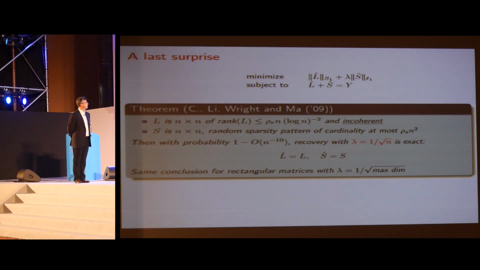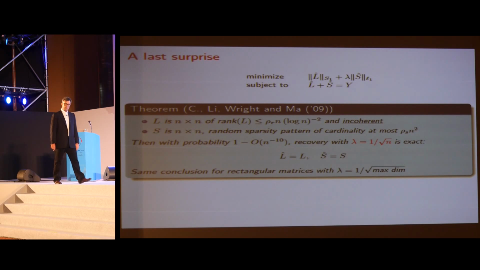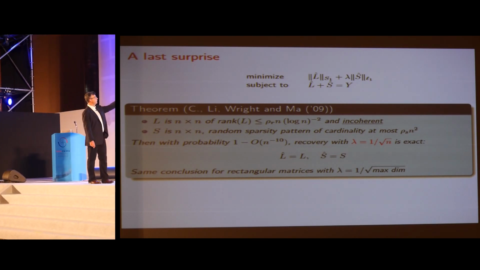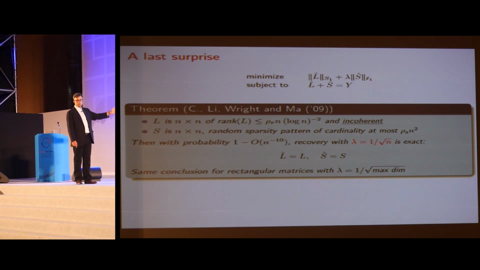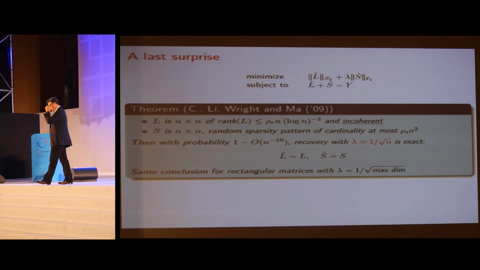And this is the last thing: if you give me a low-rank matrix which is incoherent and you corrupt it in many, many places, and you have the right to corrupt positive fractions of entries, I solve this optimization program, which is a convex program, with a value of lambda which is 1 over the square root of the dimension.